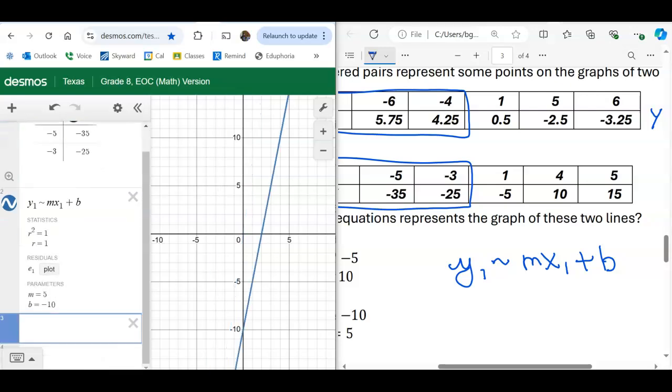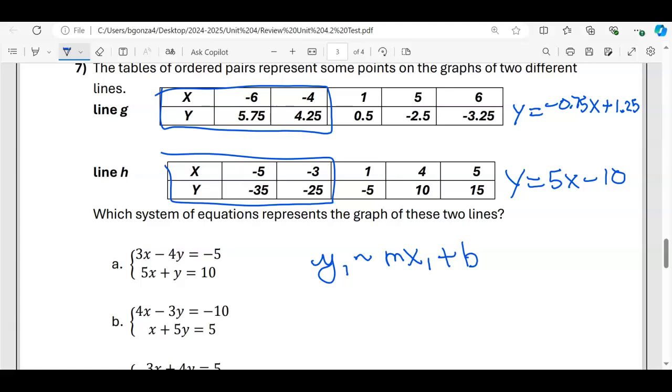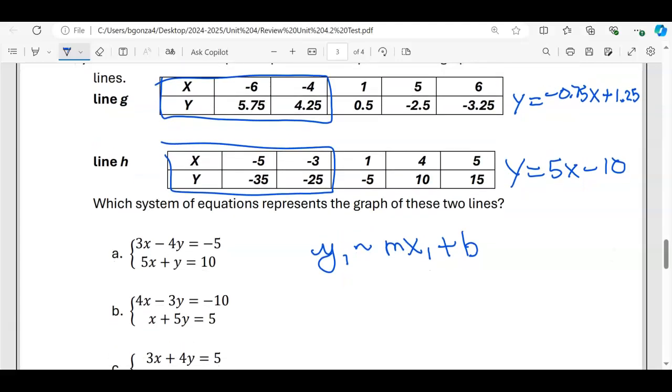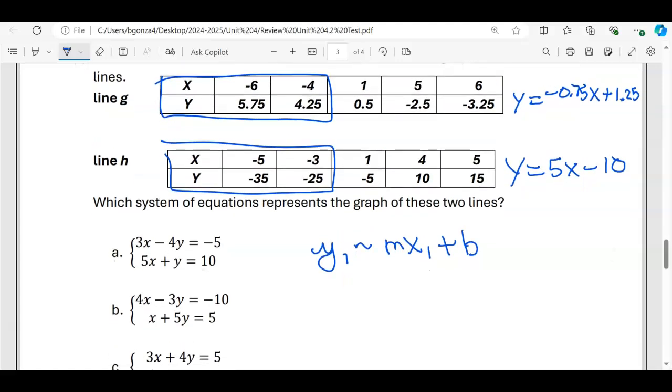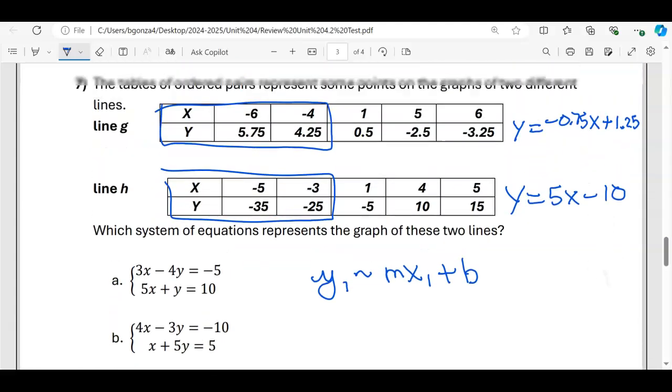All right, and then this equation, y equals 5x minus 10. All right, now here's the question. Which one of these is going to give us these two equations?